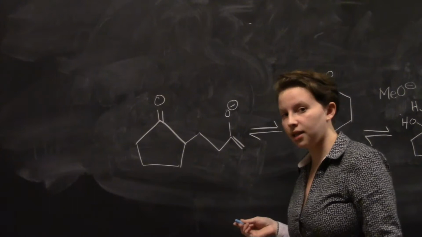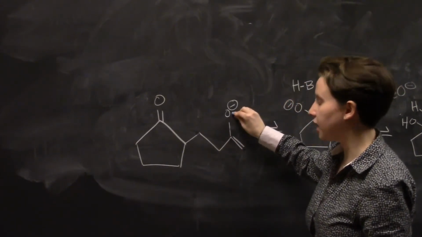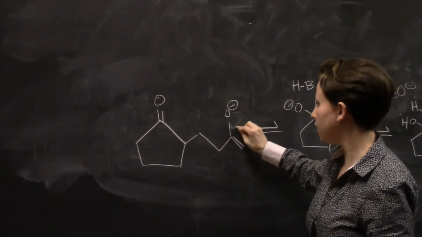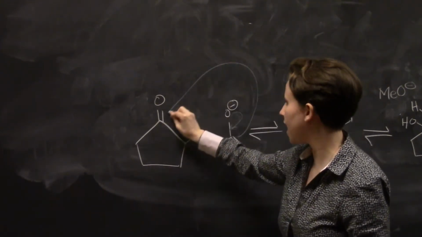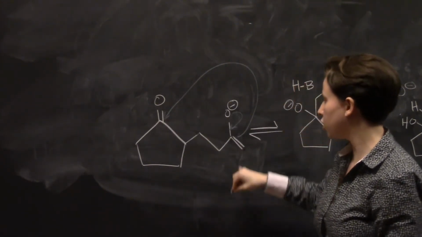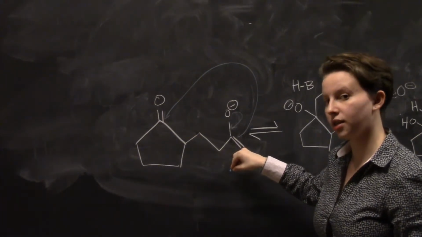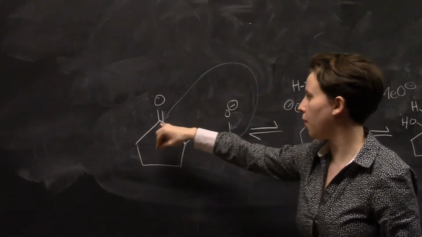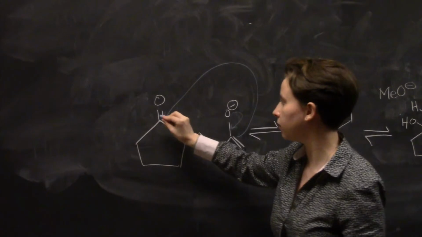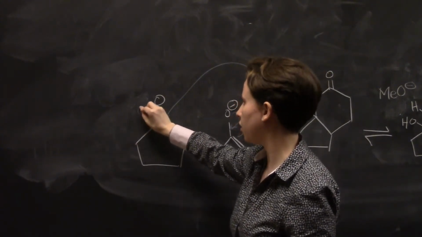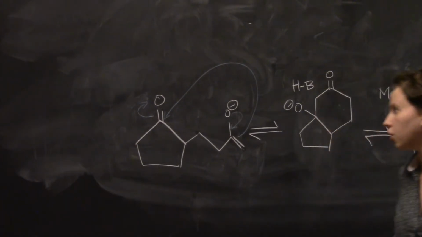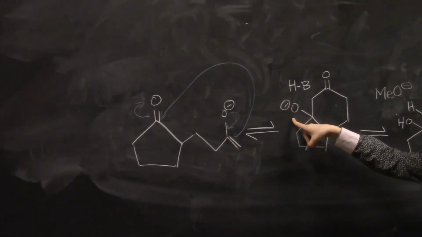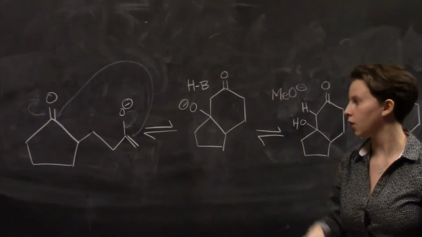So what happens at this point is the enolate reforms a carbonyl. The electrons from the double bond can be moved and attack the carbon for the carbonyl, which allows this carbon right here, the alpha carbon, to form a bond with the carbon on the carbonyl, and the electrons from the carbonyl are moved onto the oxygen, creating an O-, which you can see right over here.